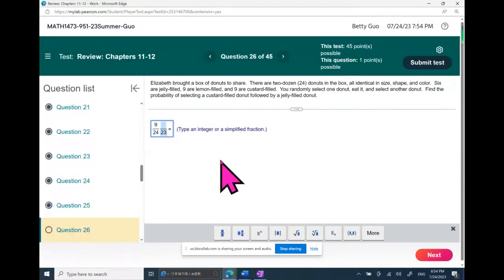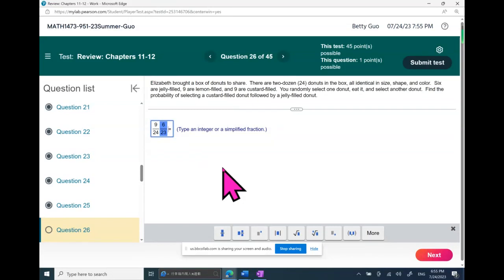And among the 23, how many of them are jelly-filled? 6. That doesn't change because the first time you didn't get a jelly-filled. The first time you ate a custard-filled. So this probability is a conditional probability. It is the probability that the second time you get a jelly-filled flavor, given that the first time you got a custard-filled flavor.